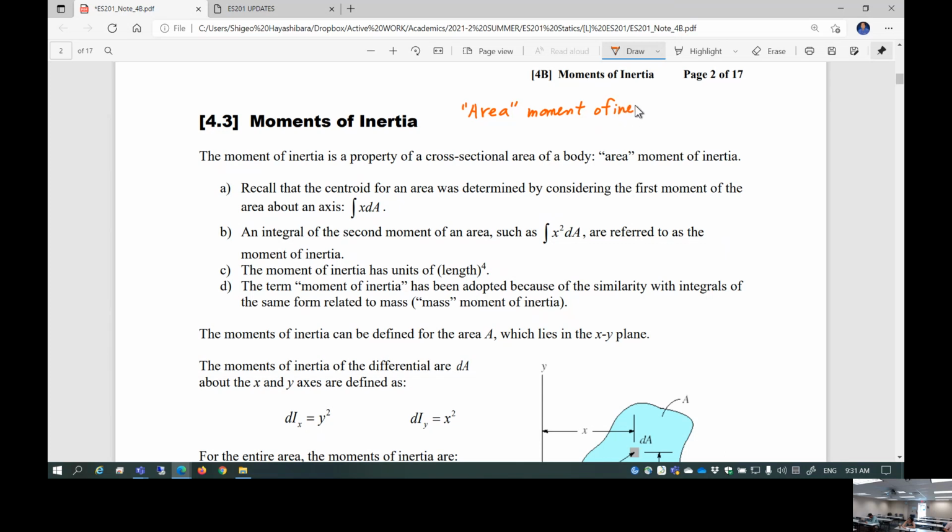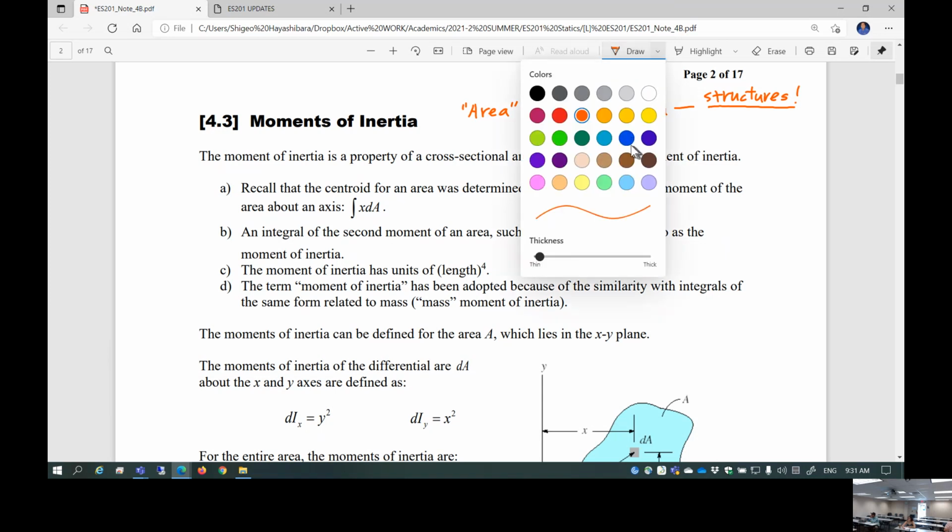So this is basically structures. Since this is engineering mechanics, after this class you're going to take solid mechanics, and then solid mechanics is going to lead you to structural analysis. So this is essentially the structural analysis term, area moment of inertia.